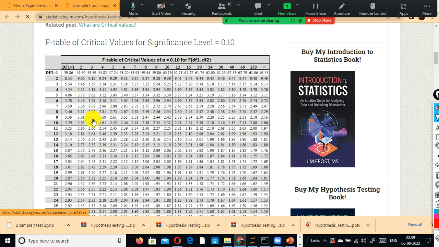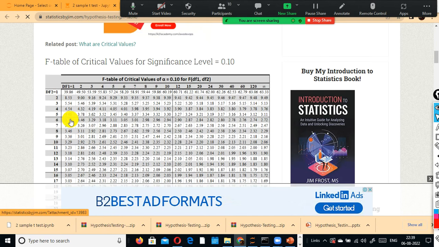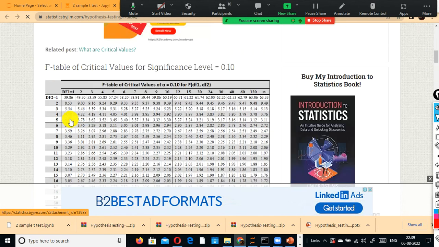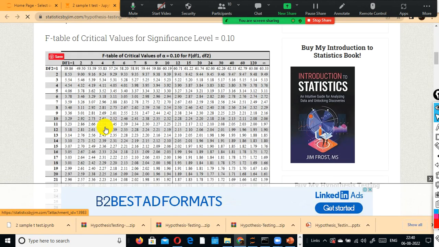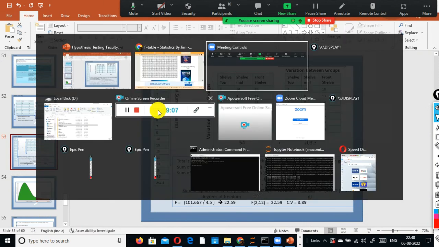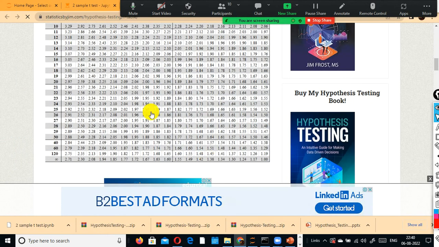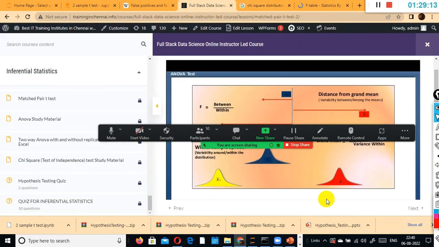Yeah, the numerator is 2 and this 12 is okay, here 2 and 12 like this. 9.39. So F table of critical values for significance 0.10. This is 0.010, and here okay, I did not get the table. Let me just go here and see my website. In that website PDF file I already put that one, I guess.